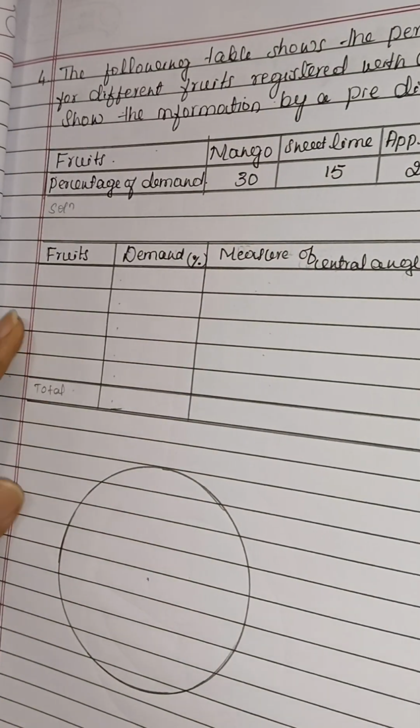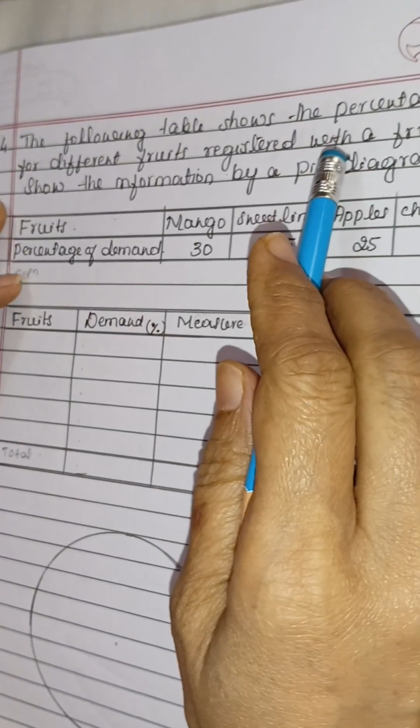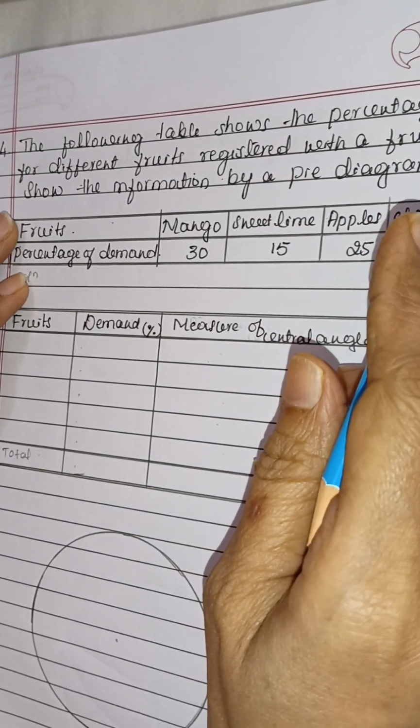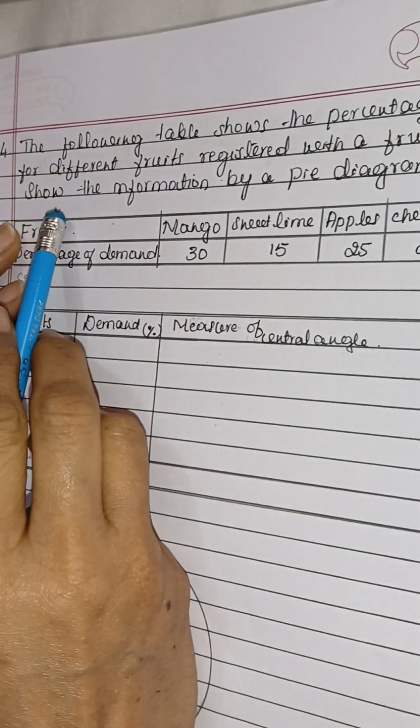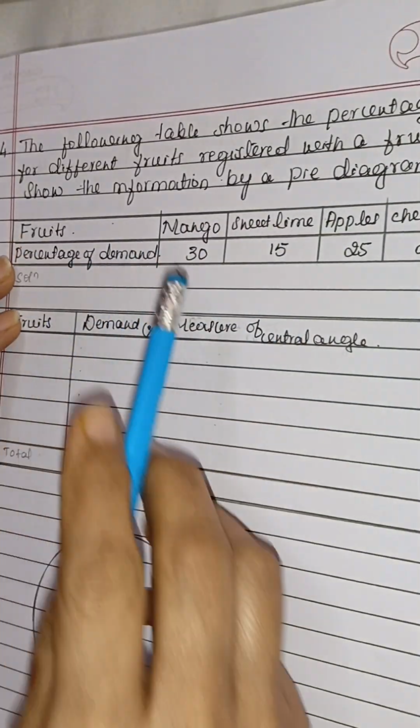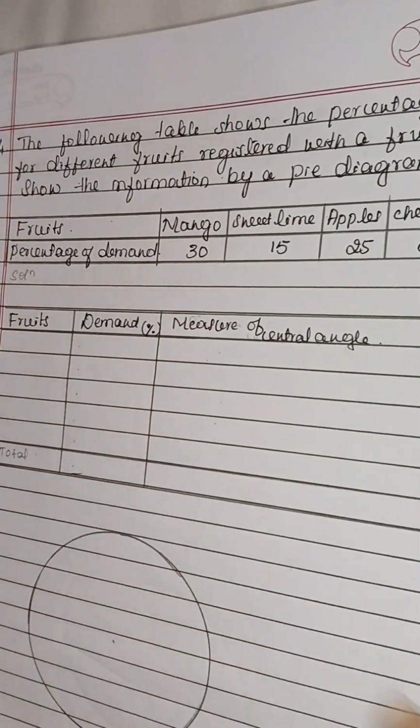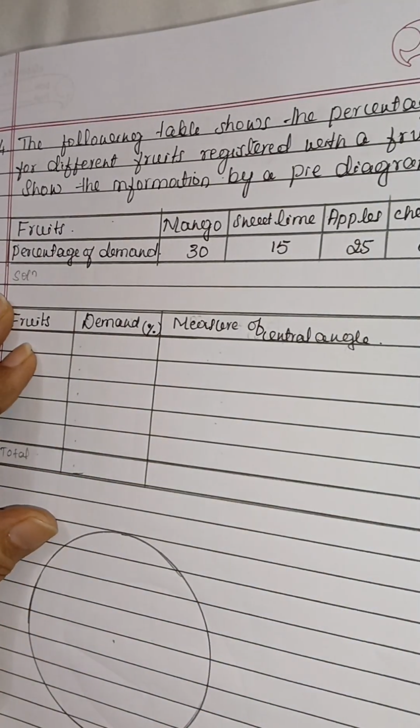Question number 4. The following table shows the percentage of demands for different fruits registered with the fruit vendor. Show the information by a pie diagram. First column shows fruits. Second column shows a percentage of demand.